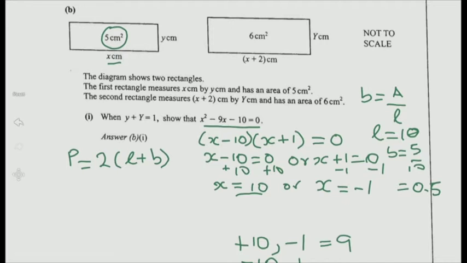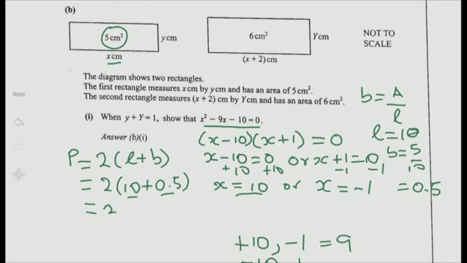Then coming back to our perimeter, it's 2 times your length, which is 10, plus your breadth, which is 0.5. Removing those brackets, you can first add there to get 10.5.